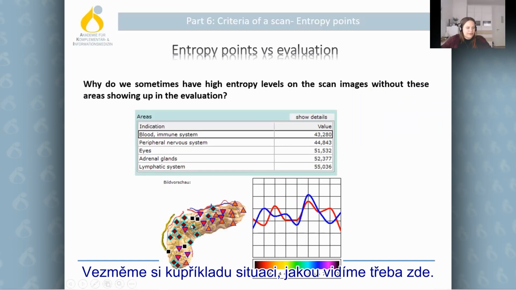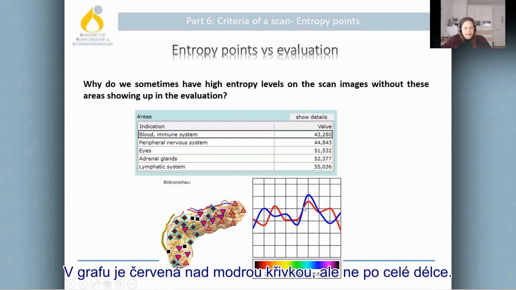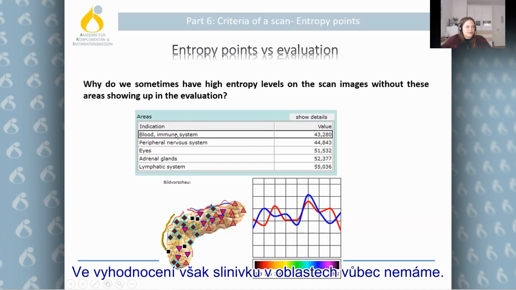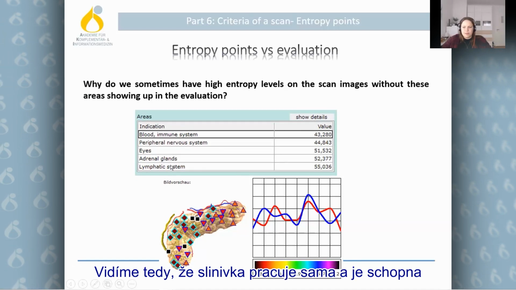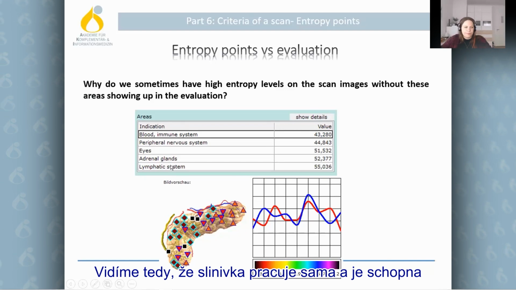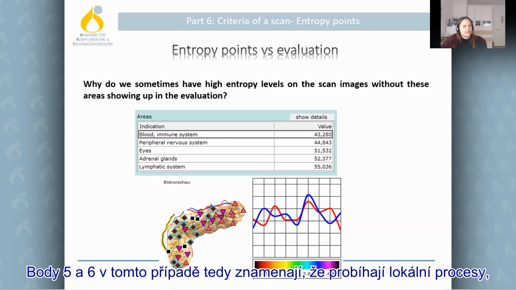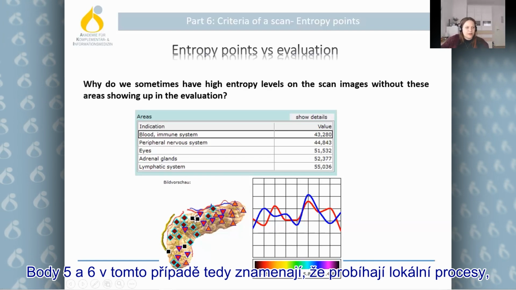For example, when you have 5 and 6 in the pancreas, the graphs give you, of course, some red above blue, but not in all areas. But you don't find the pancreas in the areas. So you will see that the pancreas is working on its own. It's able to get rid of the stresses. And so the 5 and the 6 are information that it's a lot of processes.